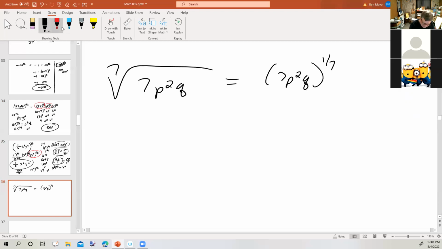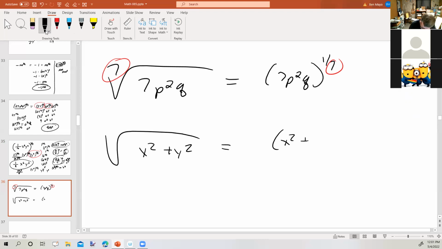The index becomes the denominator of the exponent. The square root of x squared plus y squared becomes x squared plus y squared all to the 1/2 power. Questions on those examples?